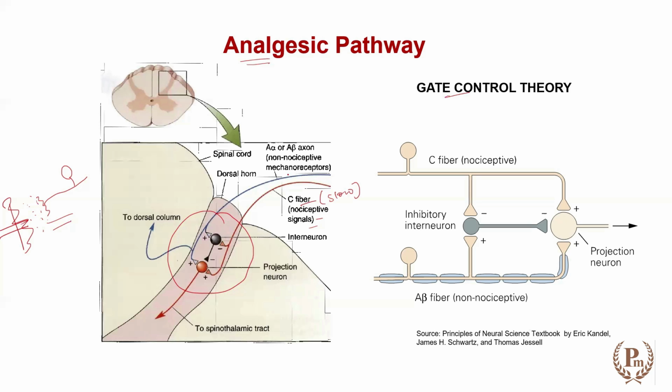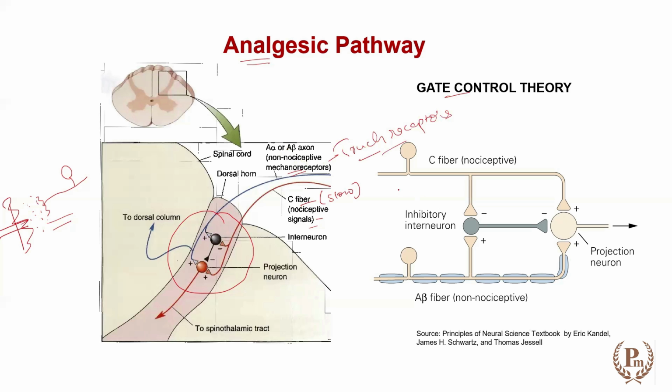You are stimulating the mechanoreceptors, your touch receptors. These are carried by the myelinated nerve fibers, that is A alpha or beta axons. So those are your mechanoreceptor-carrying sensory fibers.